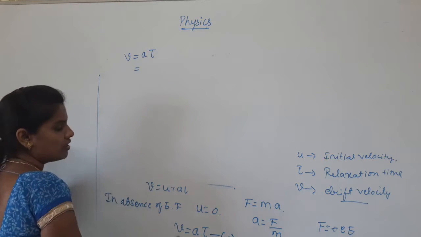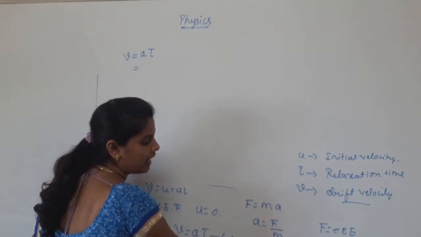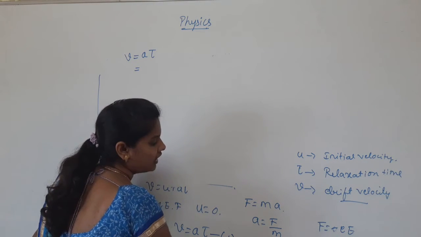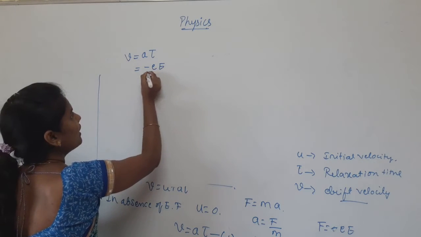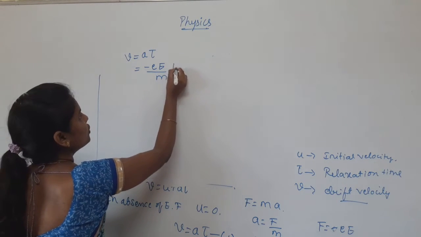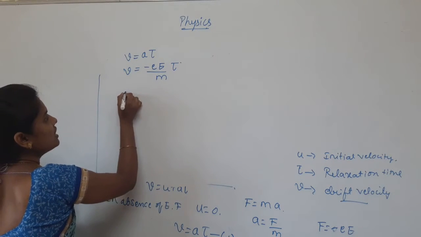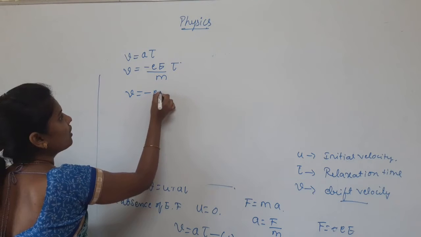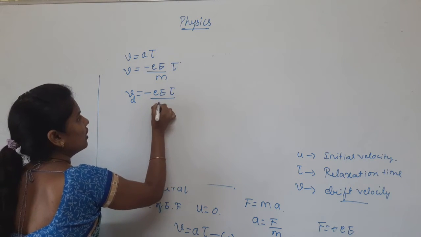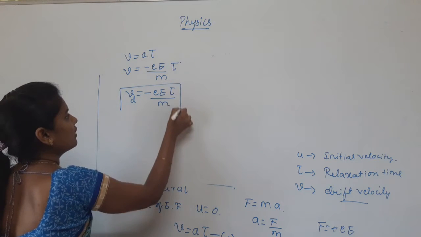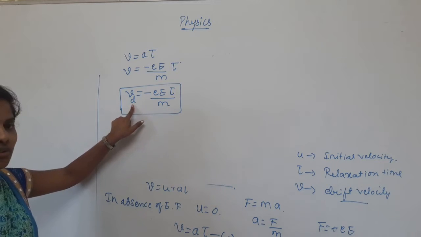What is the value of a? a equals minus eE divided by m. So v equals minus eE divided by m, into tau. This is the expression for the drift velocity of a conductor.